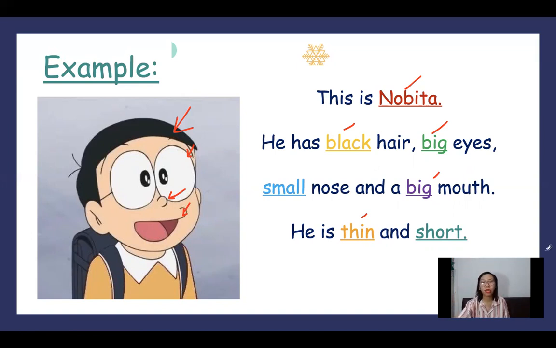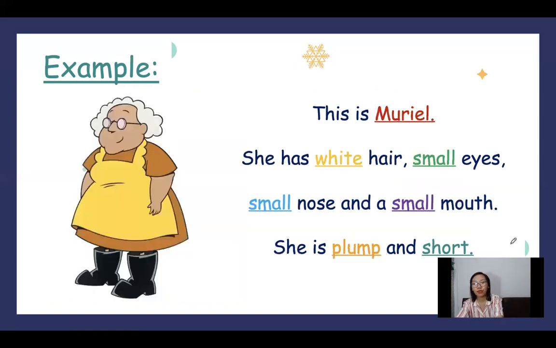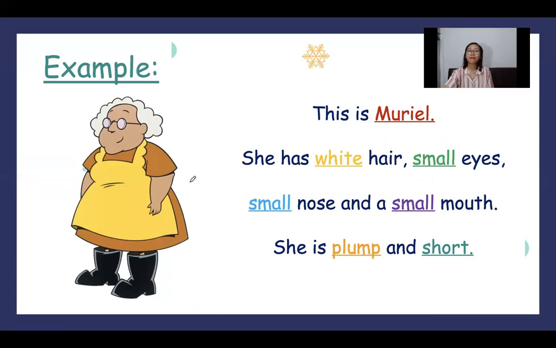Okay? All right, and my last friend, do you know her? This is my best friend number 3, okay? So let's read together. This is Muriel. She has, look at her hair. What's the color of her hair? Is it black? Muriel has black hair.